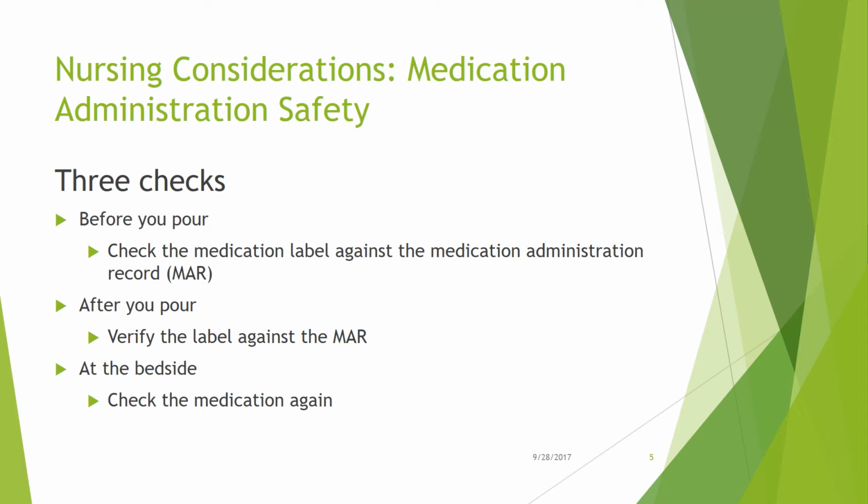And actually, for our checkoffs, you're going to be checking the label as you figure out how much to give the patient. So then after you pour, you're going to verify the label against the MAR again, and that's your second check. And then after you give it at the bedside, before you give it, you're going to check it again. So those are your 3 checks.